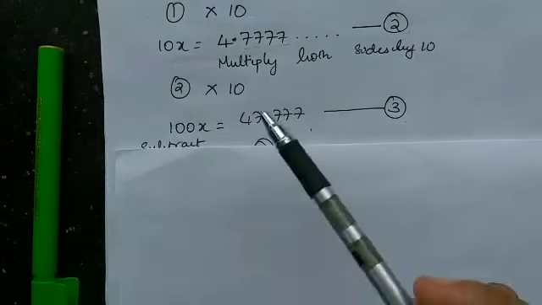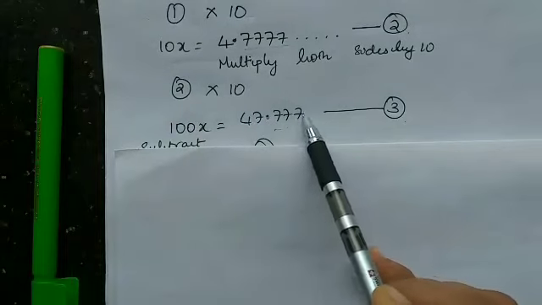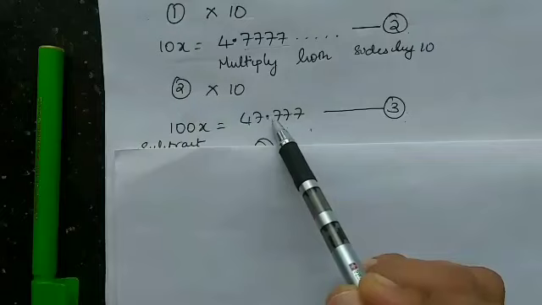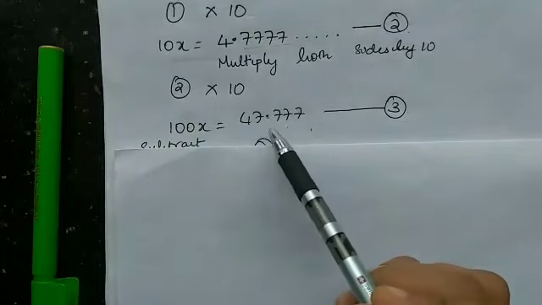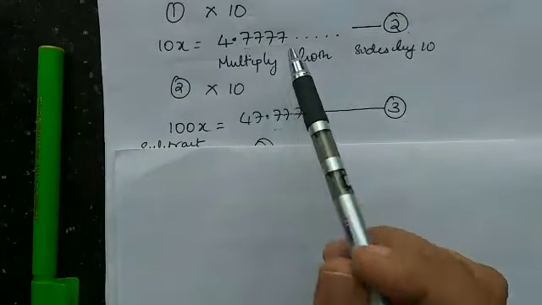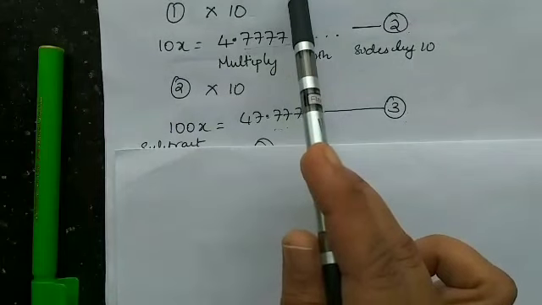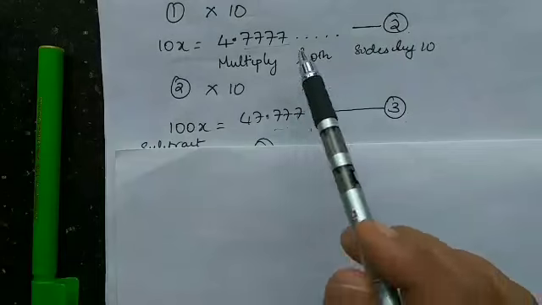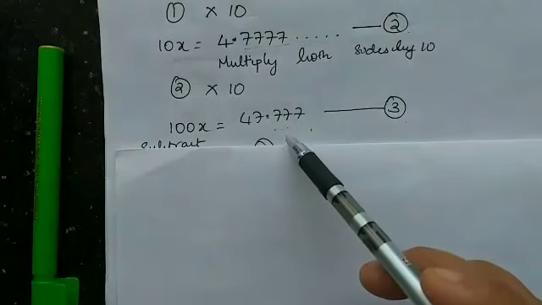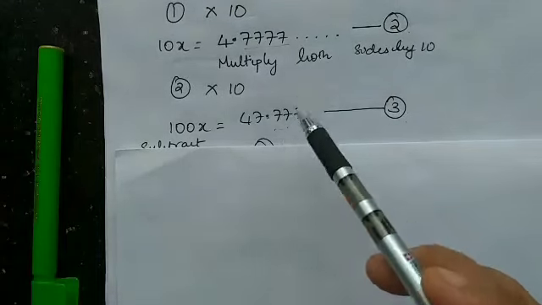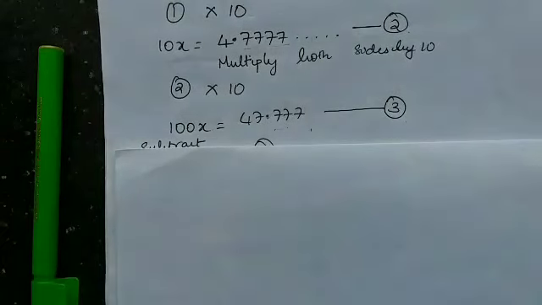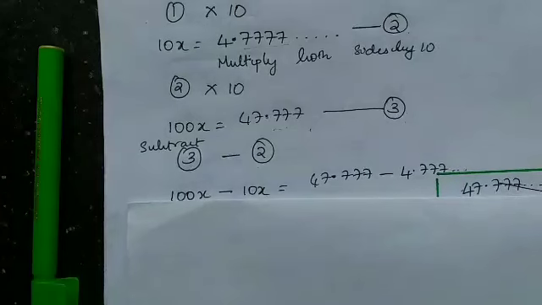Just check whether after the decimal point same digits appear in these two equations. Yes, you can see that these two equations have the same digits after the decimal point, not this equation. Should not consider this. So 4.777 and 47.77 are now ready for subtraction. When you subtract this from this, all these 7s get cancelled. All these 7s disappear. So we are going to that procedure.